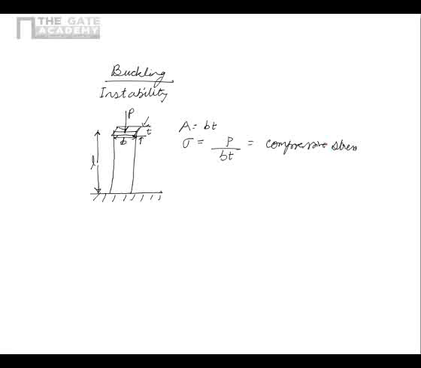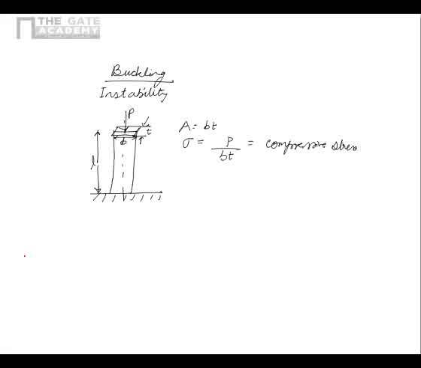That is a compressive stress. But this is not the only stress which gets generated in the structure. Besides this compressive stress, the column also bends. It bends because P is not exactly along the center line of the column all throughout the length of the column.